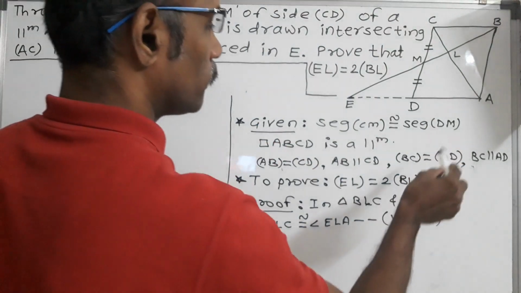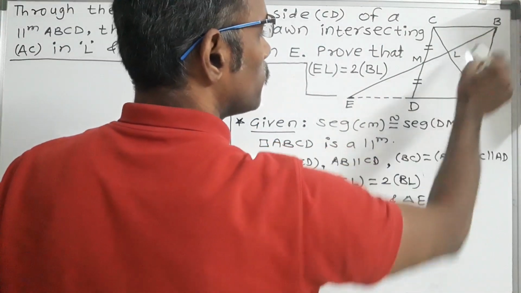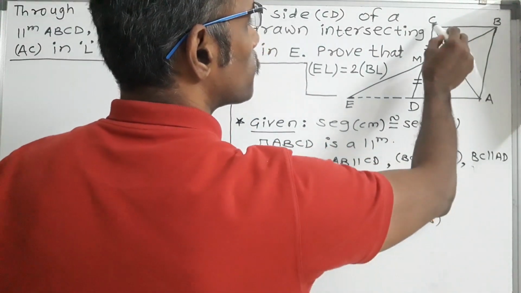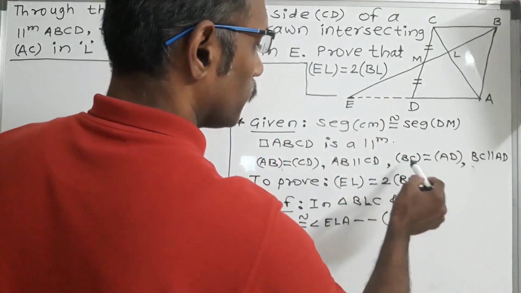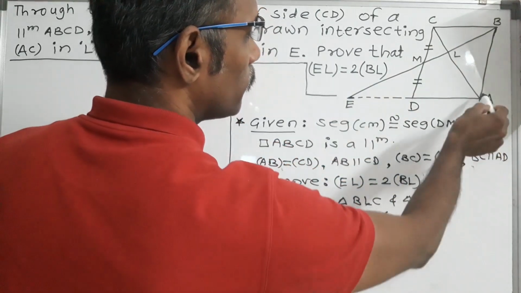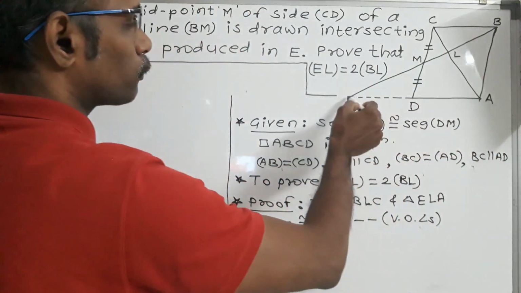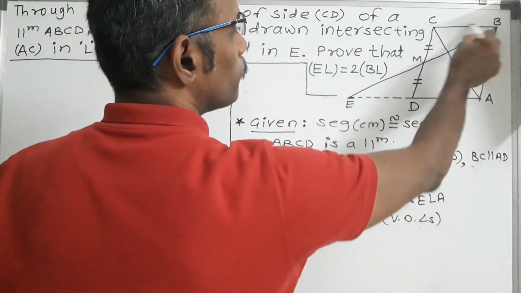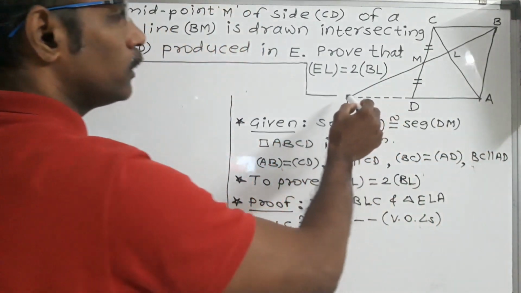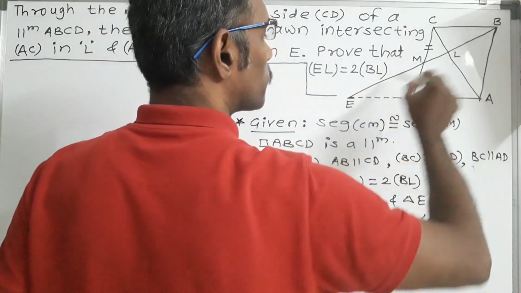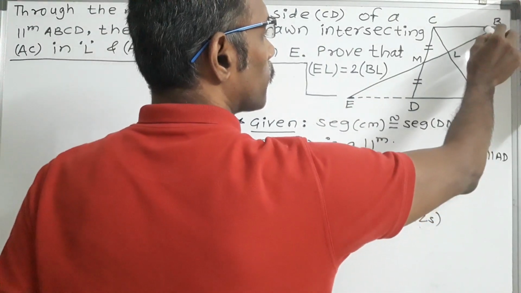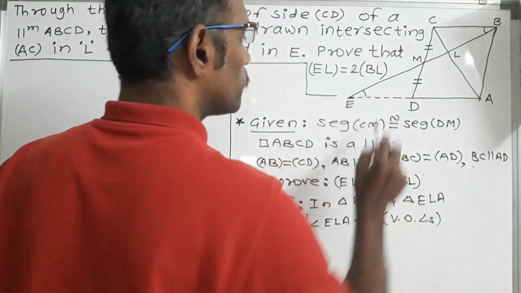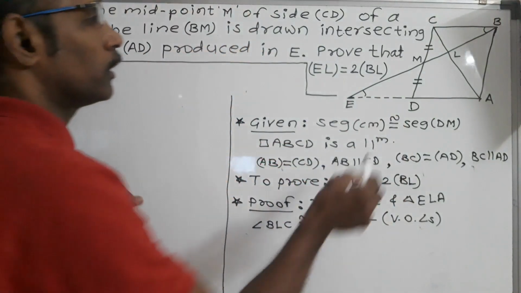Now I have written BC parallel to AD. When AD is extended up to E, then we say that BC is parallel to AE, and BE is a transversal, therefore these angles are congruent.